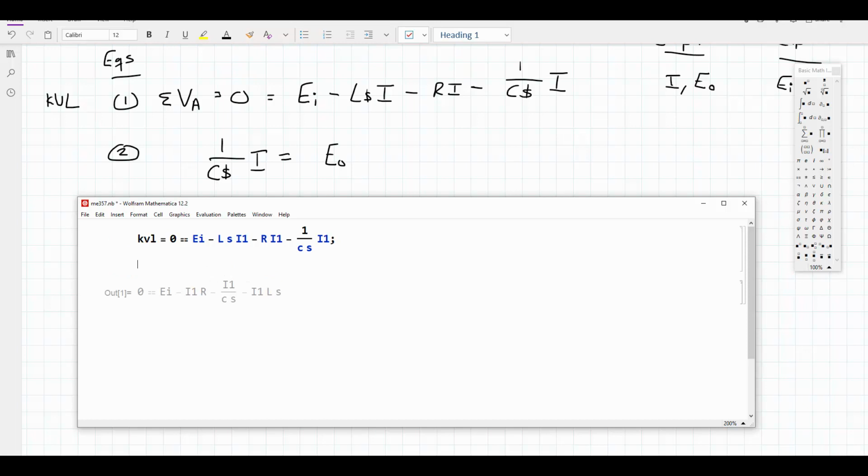And then I have, well, I'll just call it EQ2. It's coming from just the voltage drop between A and D, or D and A in this case, being the same no matter which path I take. And putting this together, this is going to be 1 over C times S times that I1, I'm calling it, equals EO.